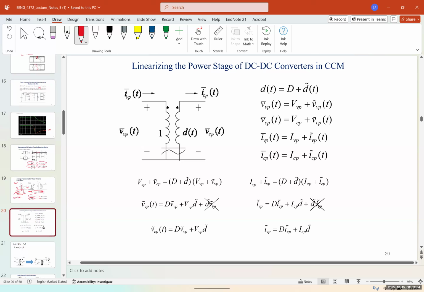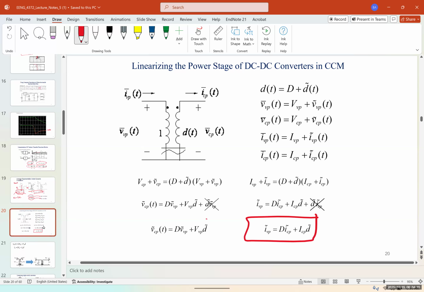Now, to continue the linearization of the power stage of a DC-DC converter in continuous conduction mode, d(t) is going to be D plus d hat(t), and vp is going to be Vp plus v hat p. When we simplify them, we get these two equations.